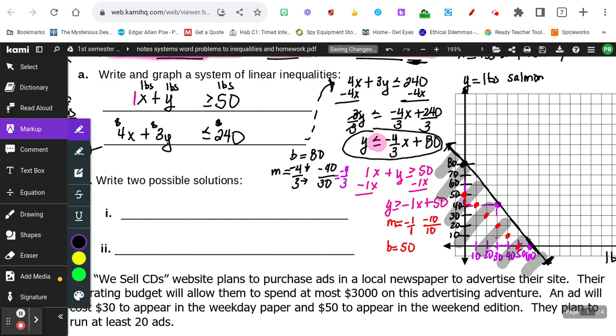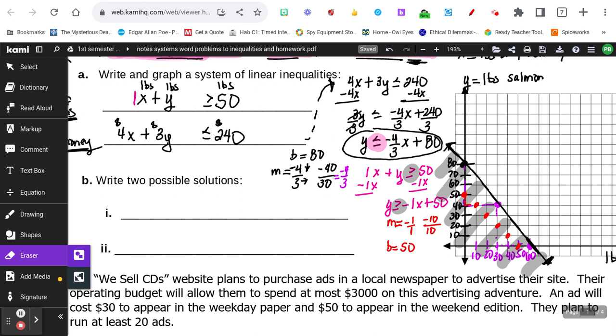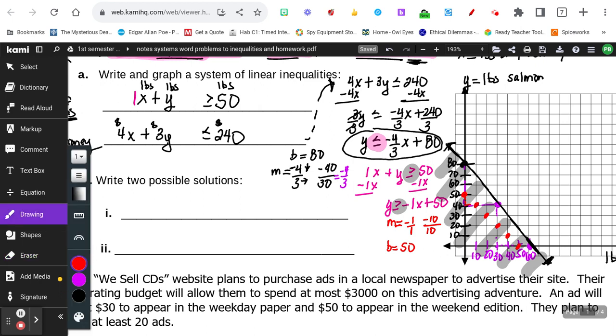And this says that it is, for this one, no, it's greater than or equal to. It says equal to, so let's make a solid line. I don't want that. Go back to my pen. I'm going to make a solid line. And remember, any point where they overlap, because they're solid lines, would work.